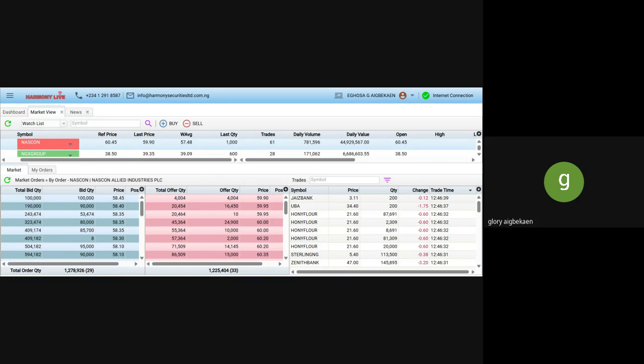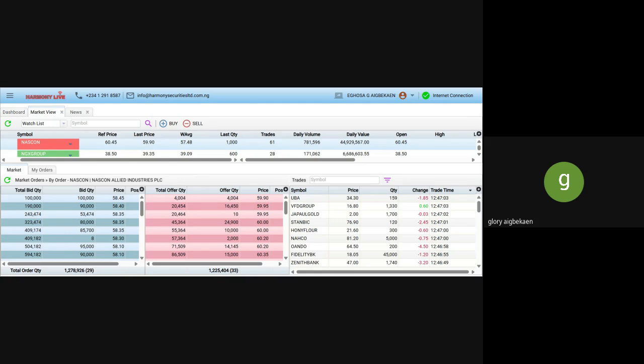There was a lockdown. 2021, they made earnings per share of 1 naira 12 kobo. So it was still pretty flat between 2021 and 2020.